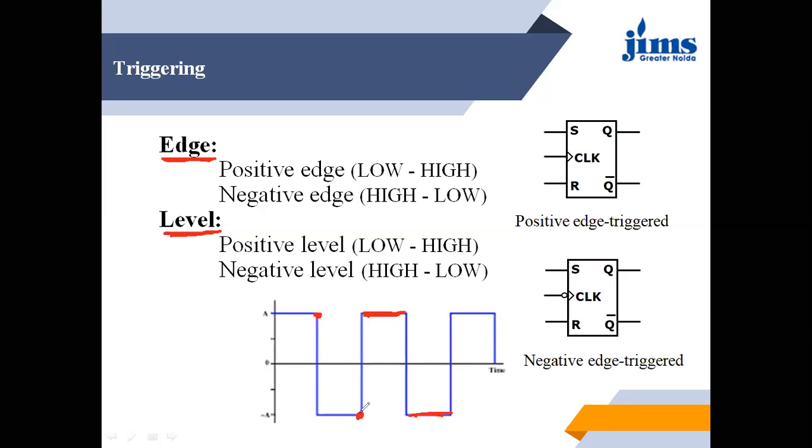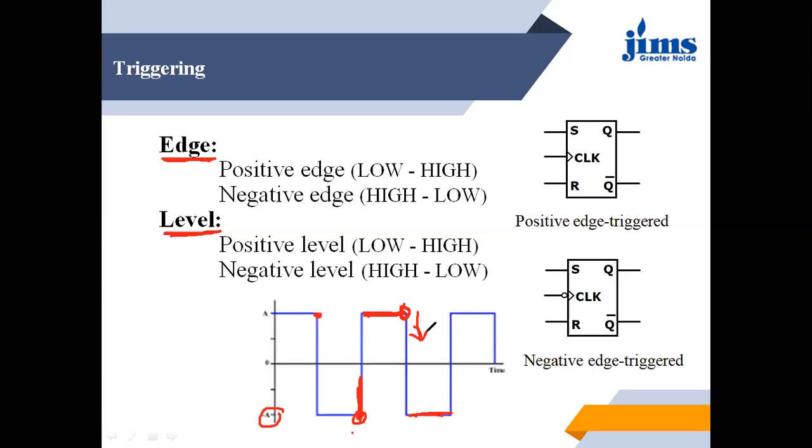This is the positive edge. A positive edge means when the value is going to change from minus to plus, and when the value is going to change from plus to minus, this is called a negative edge.